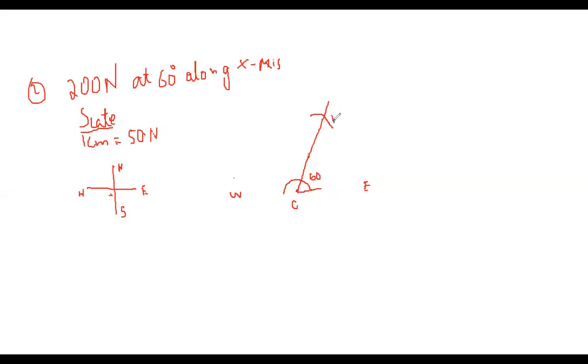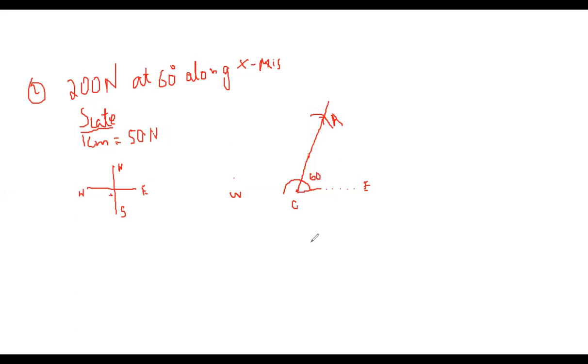It must have some name, say this point is A. So this is the vector. Put an arrow over here, and this is your vector OA along the x-axis at 60 degrees.